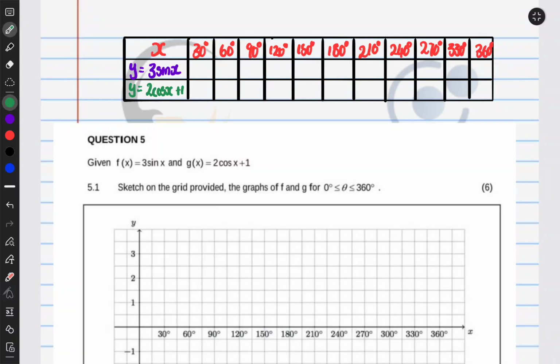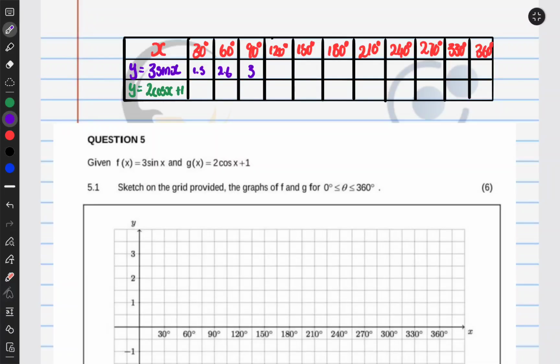So start with 3 sine 30, which is 3 over 2, 1.5. Okay, 3 sine 60 is 2.6. 3 sine 90 is 3.